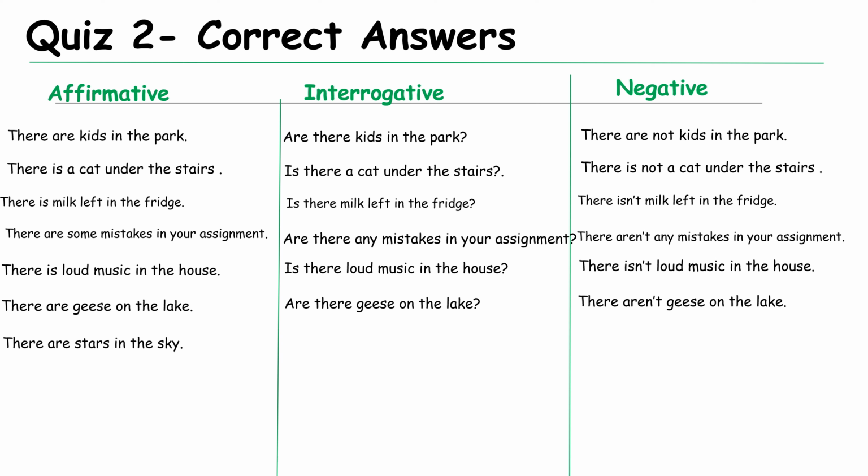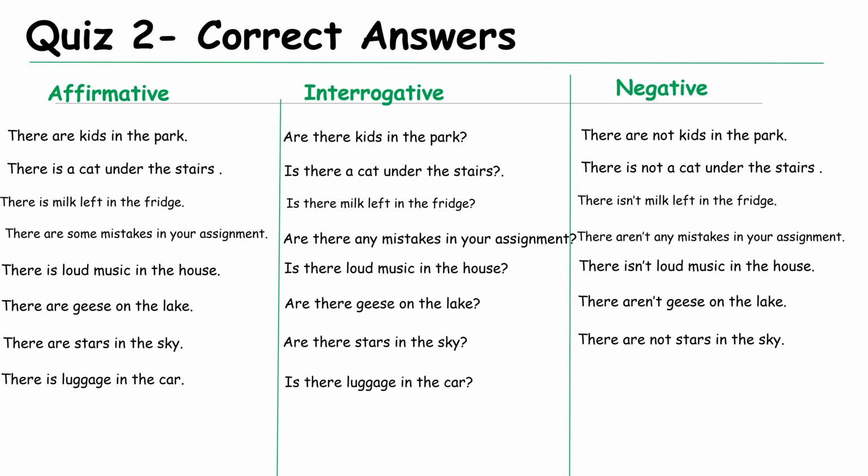There are stars in the sky. Are there stars in the sky? There are not stars in the sky. There is luggage in the car. Is there luggage in the car? There is not luggage in the car.